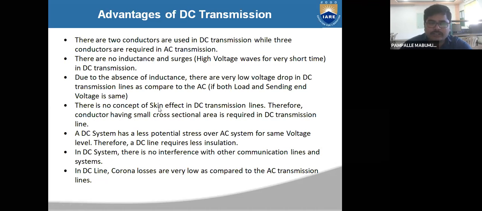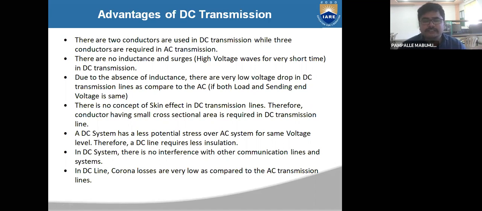Also, there is no skin effect in DC transmission lines. So a small cross-sectional area conductor is required for the DC transmission lines. The electrical stresses observed in case of DC will be less when compared to the AC transmission lines.